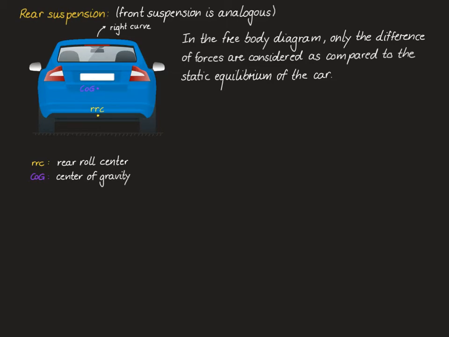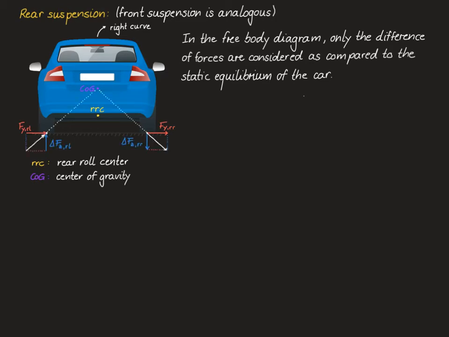So suppose the vehicle is now in a stationary cornering maneuver to the right. Then there will be corresponding lateral tire forces acting on the two rear tires. These two tire forces both have a moment with respect to the center of gravity of the vehicle. However, the vehicle is in a quasi-static state while cornering.